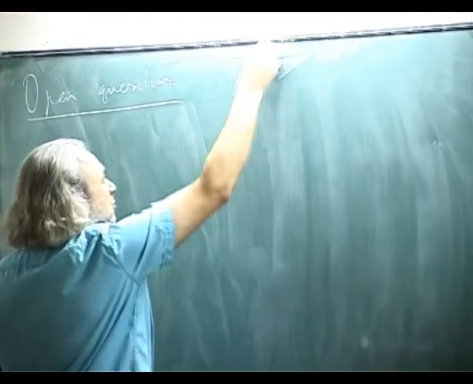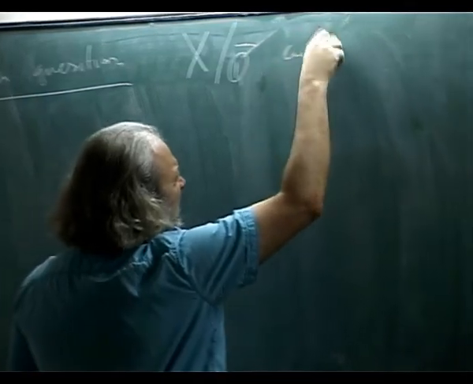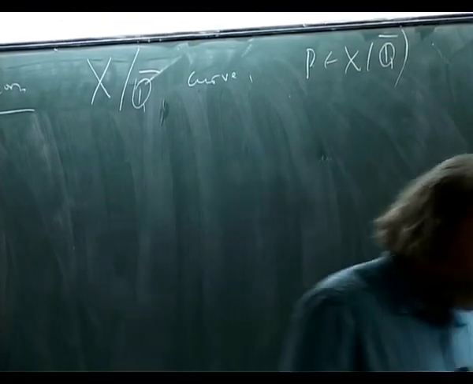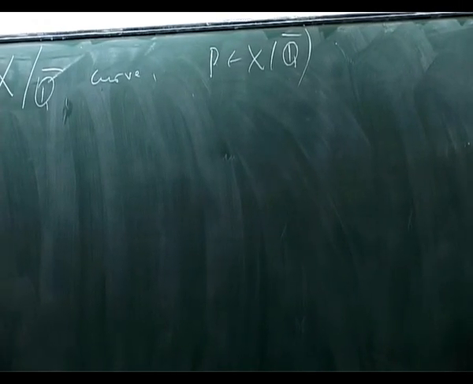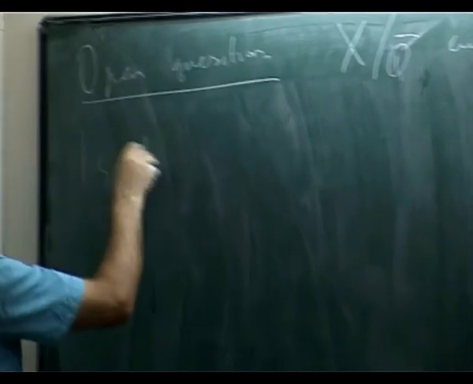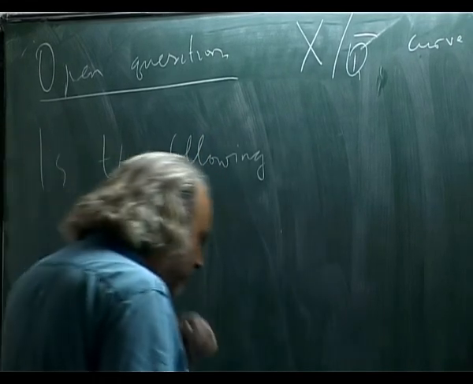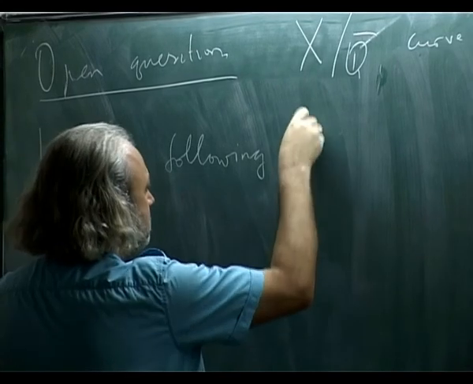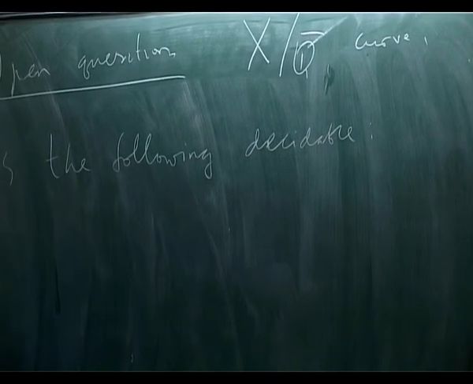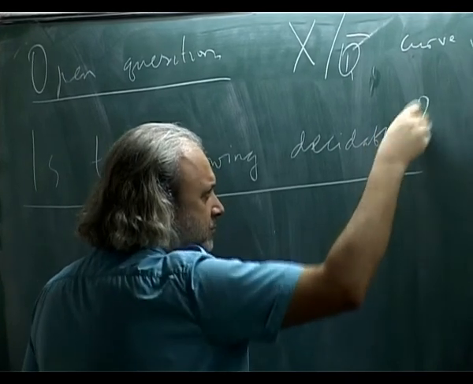Let X be a curve over Q bar and P a point. Is the following decidable?